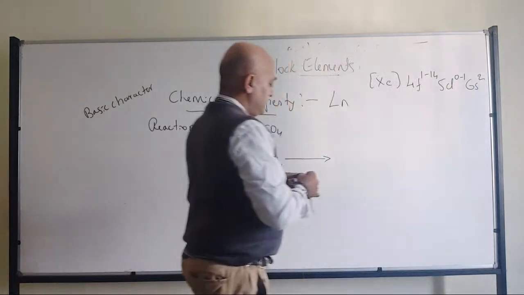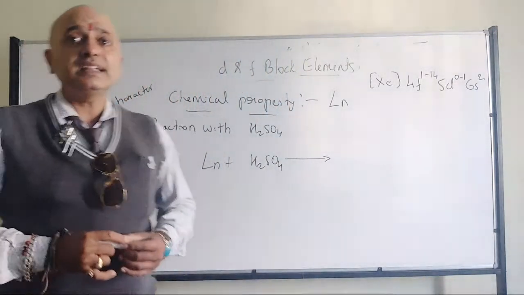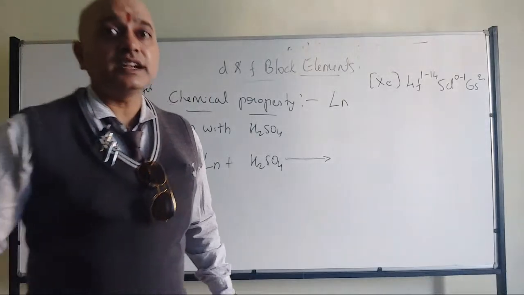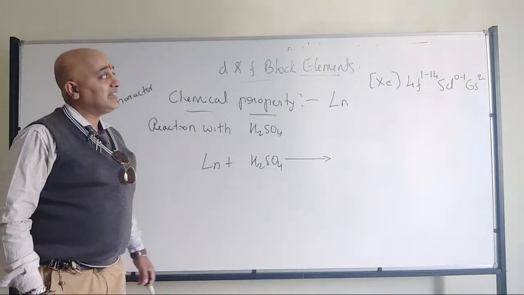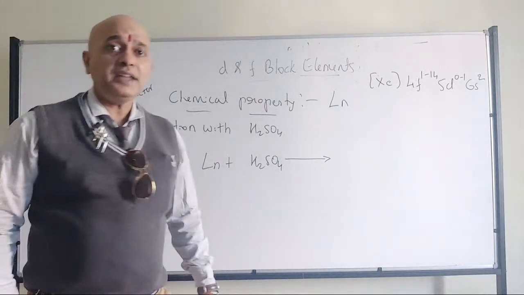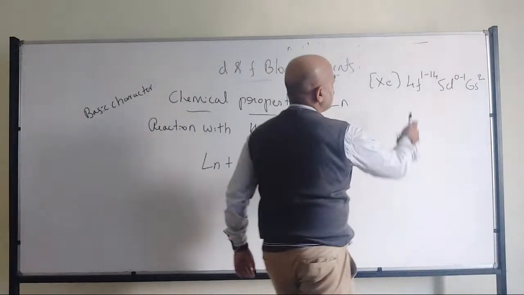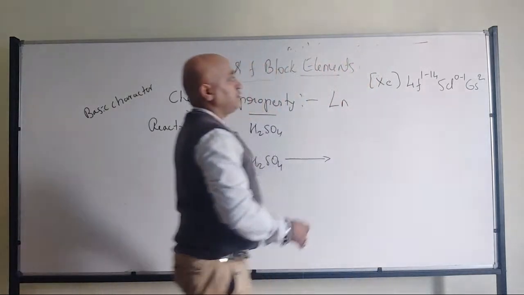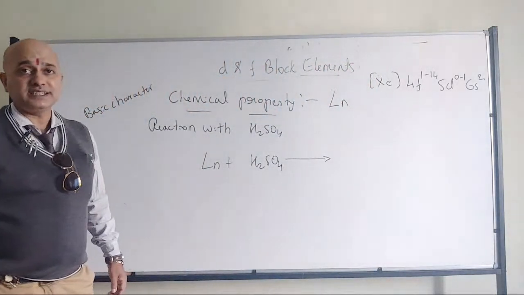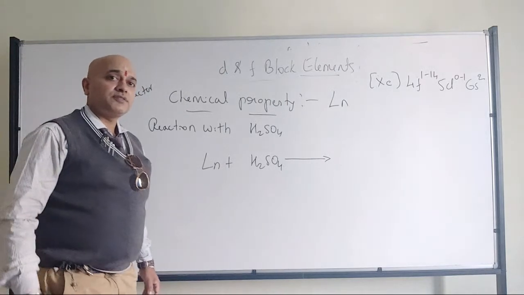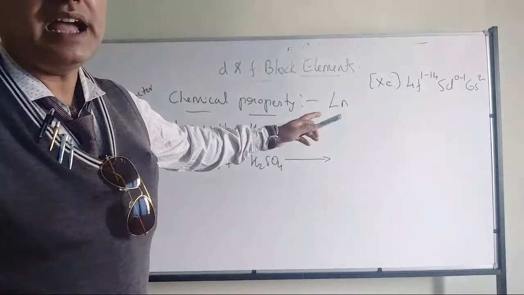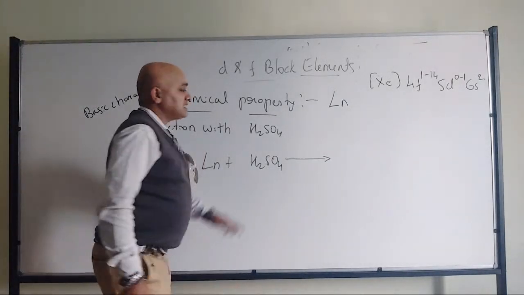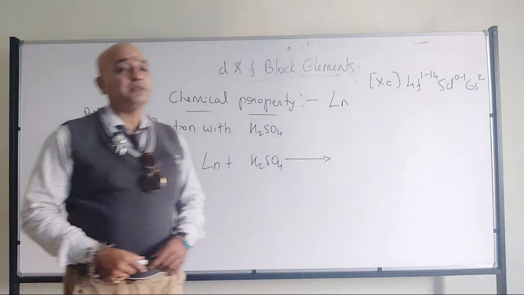This is the electronic configuration for lanthanides. Fine? Very important one here is this number. It should be 4, 5, 6 only. Then only I am talking about the 4f series. Fine, Manvit? So that's where we have the electronic configuration. Now, with respect to sulfuric acid, what can be the reaction?